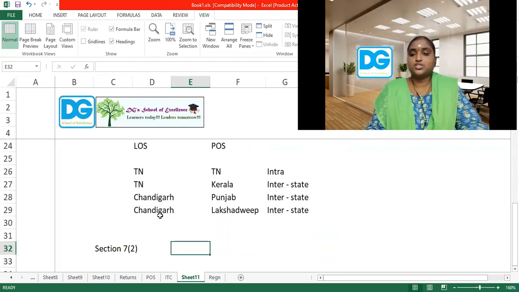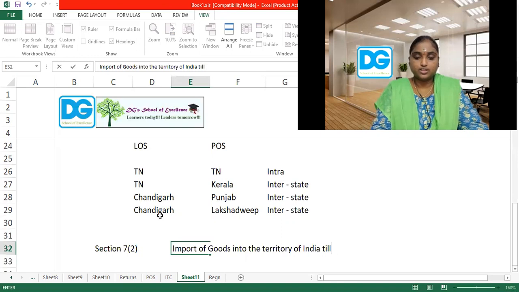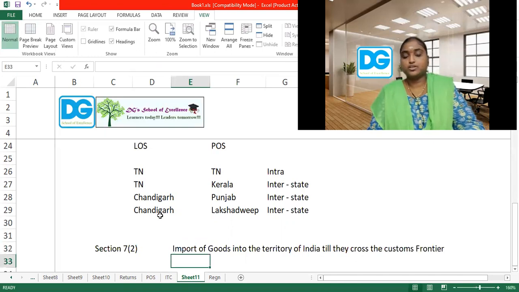What is this section 7 subsection 2? It talks about import of goods into the territory of India till they cross the customs frontier. What does this mean?